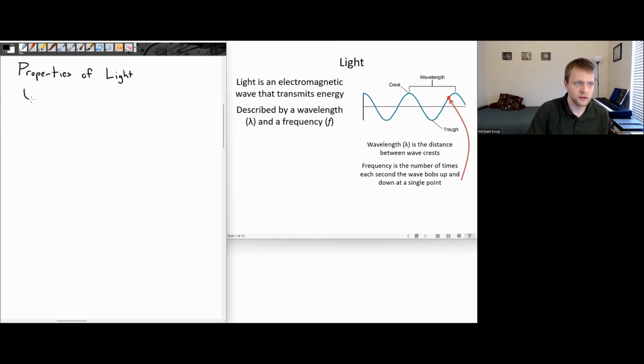So it's described by wavelength and frequency. And for wavelength, the symbol that we're generally going to use is this Greek letter lambda. So that symbol right there, this is the Greek letter lambda.